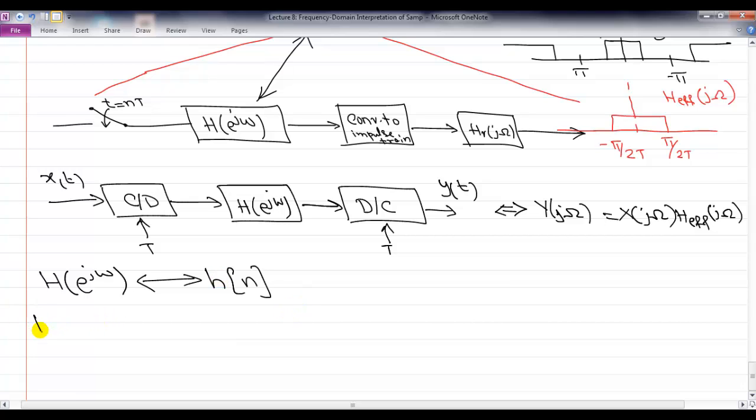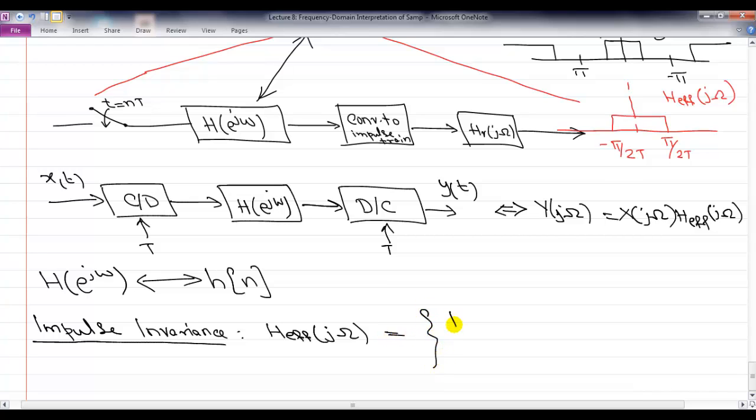And the answer is, of course, yes. It is called impulse invariance, which means that if you are given two filters which are related this way, that you have H_eff(jω) equal to H(e^jωT) for ω less than or equal to π/T and 0 otherwise.